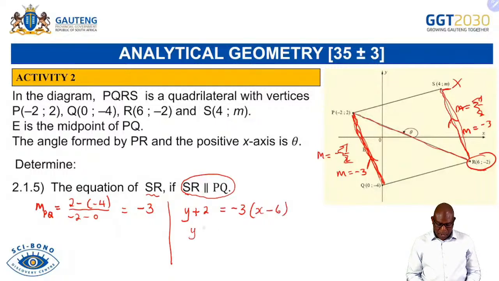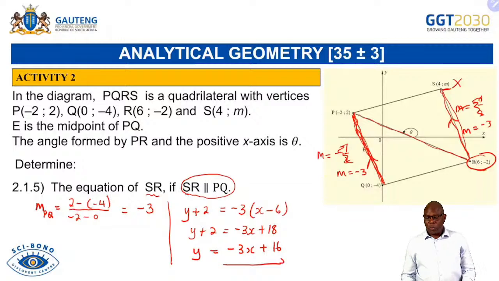So I'll get y plus 2 equals to negative 3x plus 18, and the y value will be equals to negative 3x plus 16. That is the final answer.